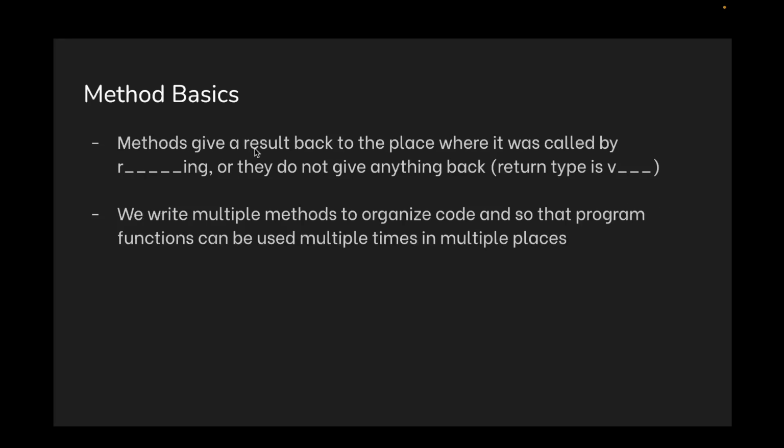So methods can give a result back to the place where it was called by returning, or they do not give anything back. And in the case where they don't give anything back, the return type would be void, right? We looked at this earlier. So when we're calling a method, and by calling I mean running the method, we can define a return type.